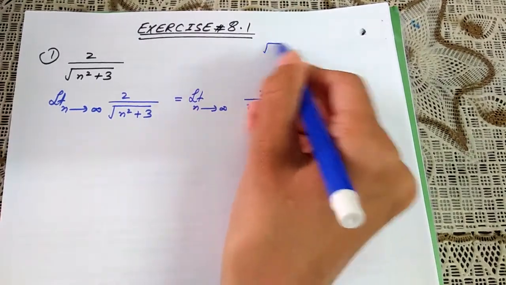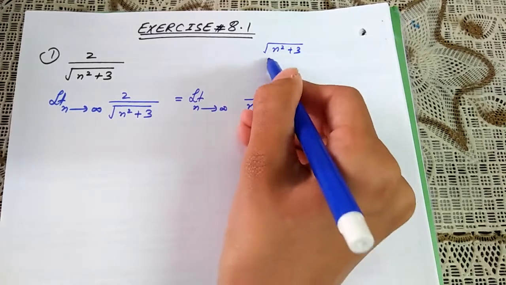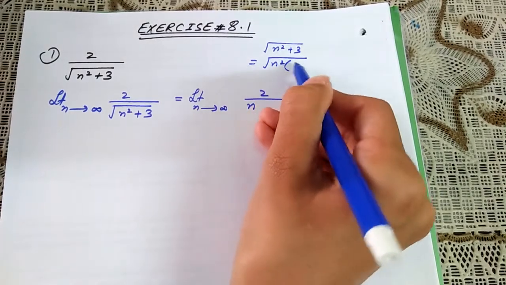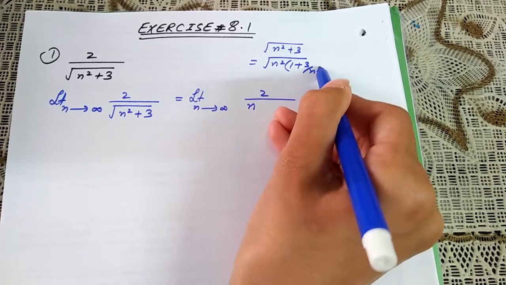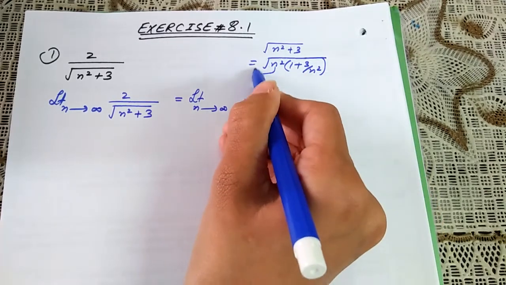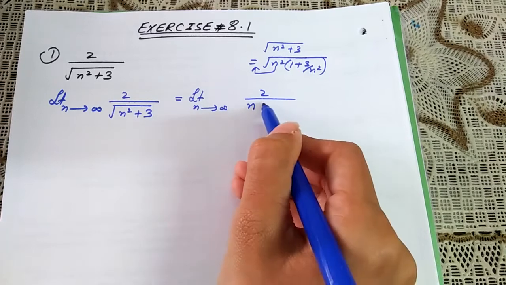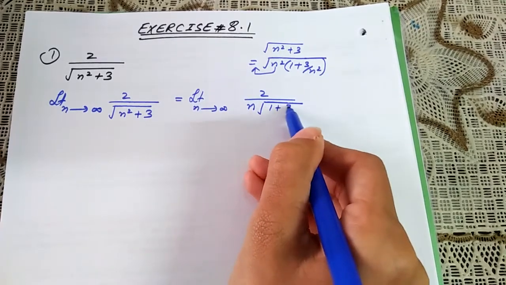Like you see here, if we have n squared plus 3, inside we take n squared common, we get 1 plus 3 over n squared. Now we can take this n squared out and it will be written as n, and we will be left with the square root of 1 plus 3 over n squared.